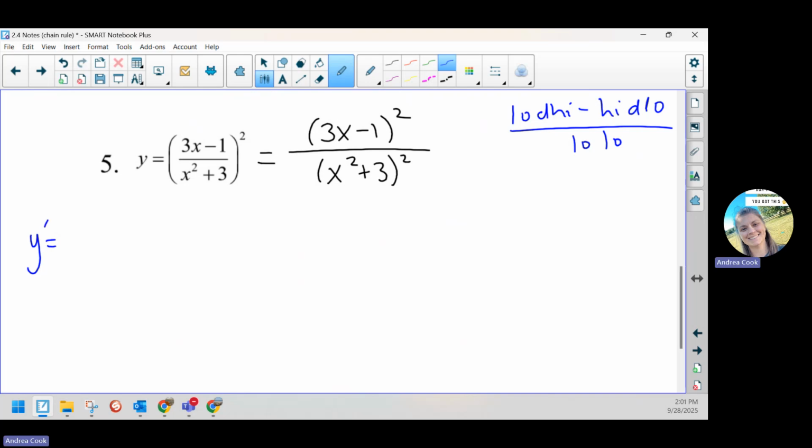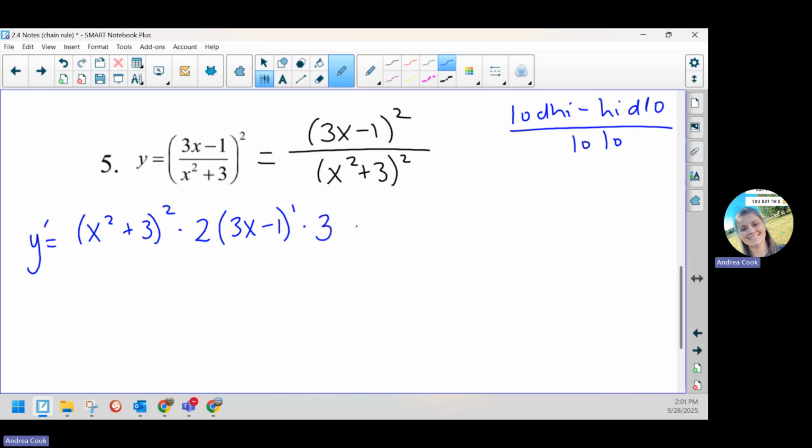So my derivative, okay, so low d high. So again, we're going to have to do chain rule. So we bring the 2 down, keep the inside, subtract 1, chain on the derivative of the inside.